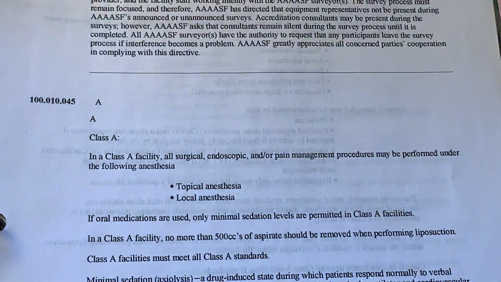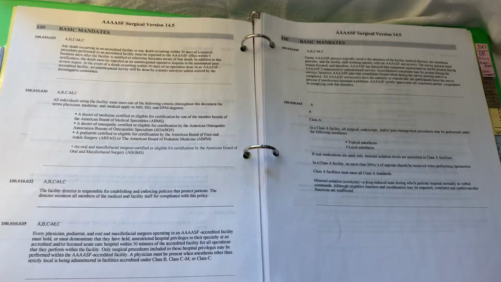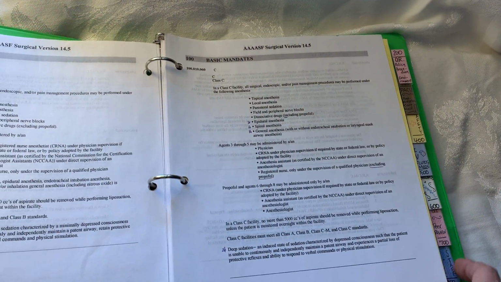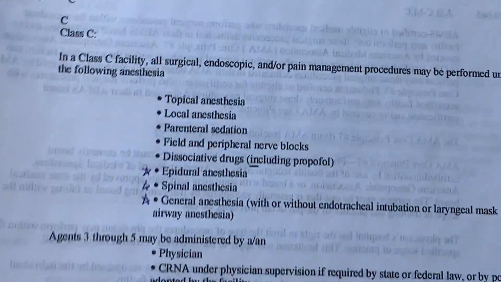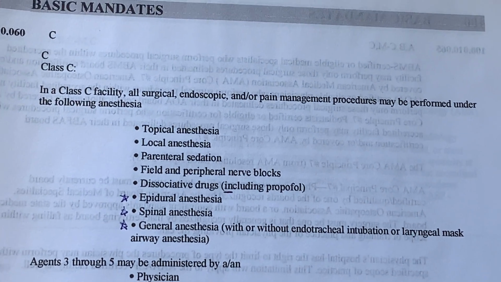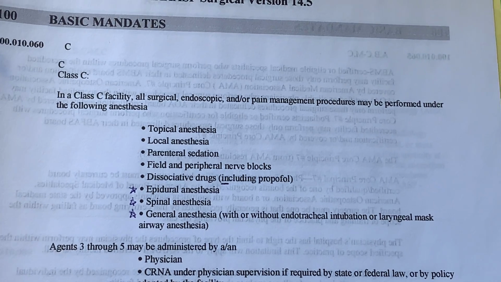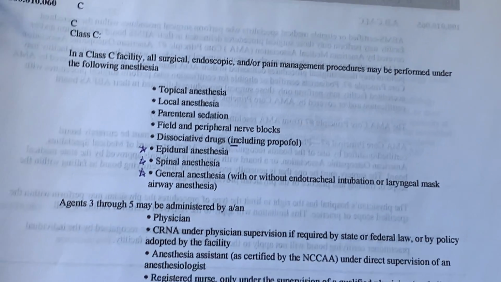Right? So then we're going through surgical version, basic mandates again. This is Class C. This is what we're rolling in. So we're going to look at that a little bit. Class C facility, all surgical, endoscopic, and or pain management procedures may be performed under the following anesthesias.